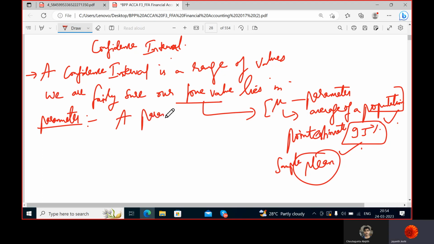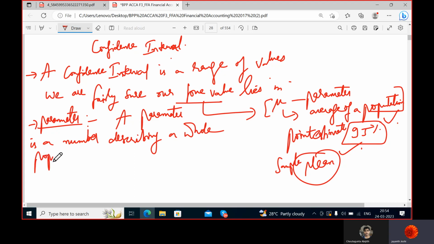A parameter is a number describing a whole population. Example, population mean. It represents that population because it says something about that population, correct? This is a parameter.